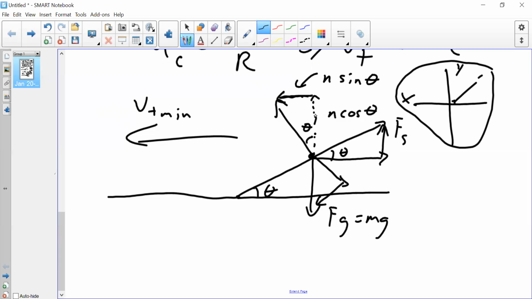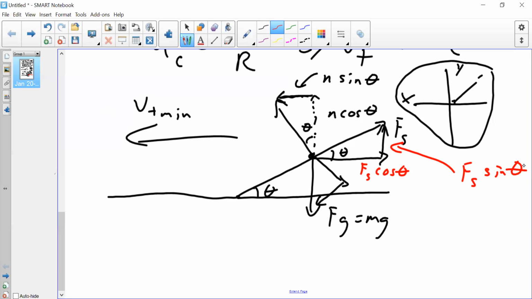These thetas are all the same, and this will be Fs cosine theta, and this over here is Fs sine theta. So now we get all the components.